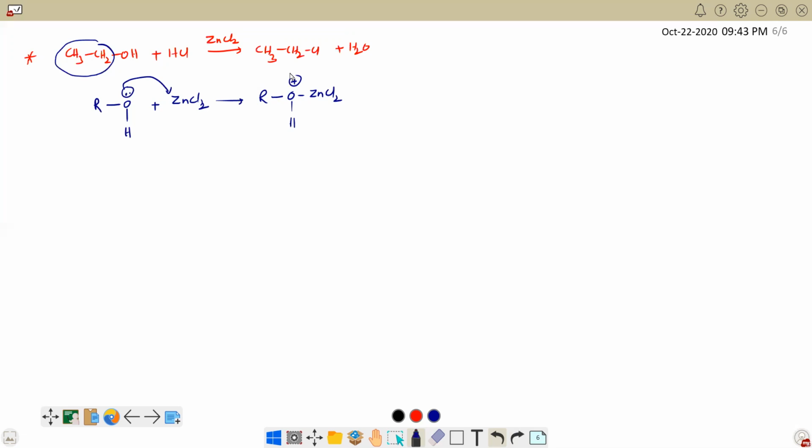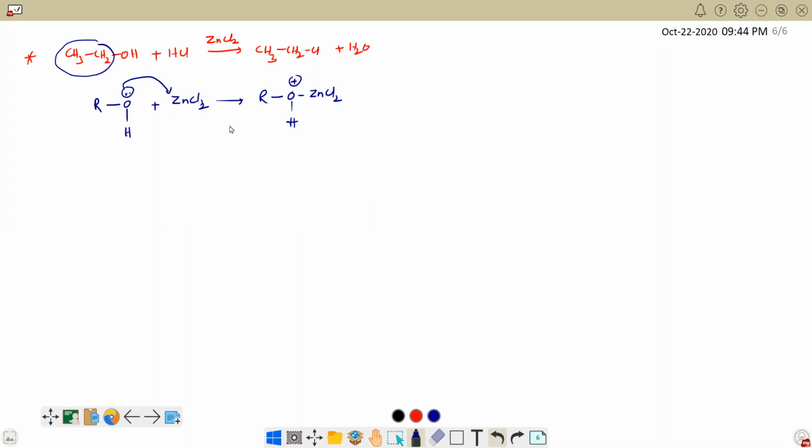Actually, HCl protonation followed by dehydration is also possible, and followed by Cl minus substitution also possible.